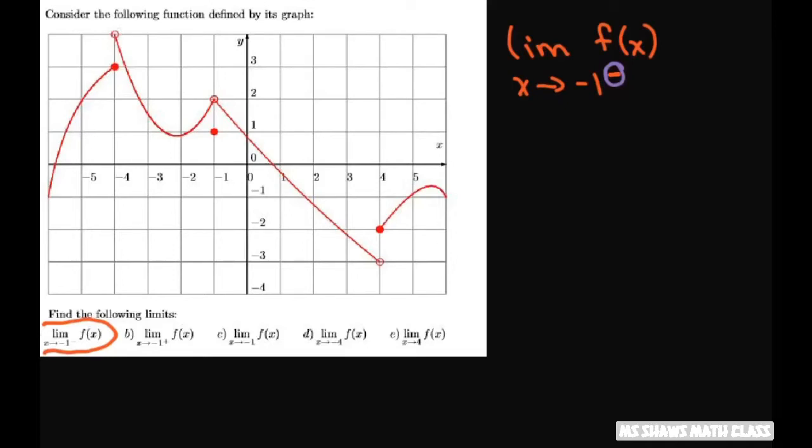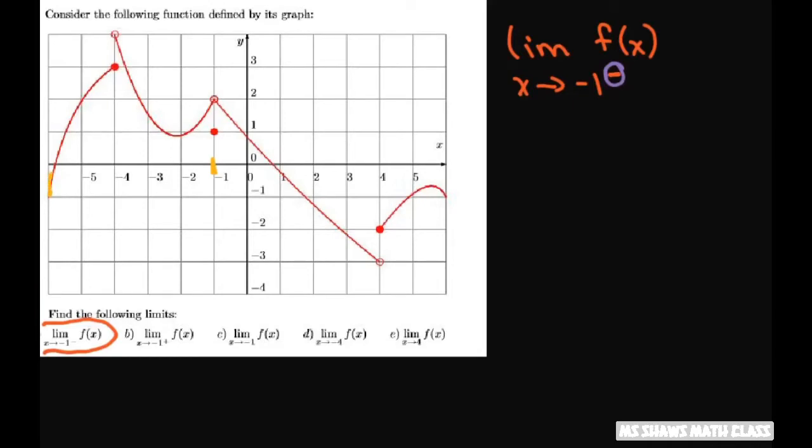That means it's the y value. So when we look at -1, here's -1, and we're coming from the left, so you're traveling to get to -1 from the left.